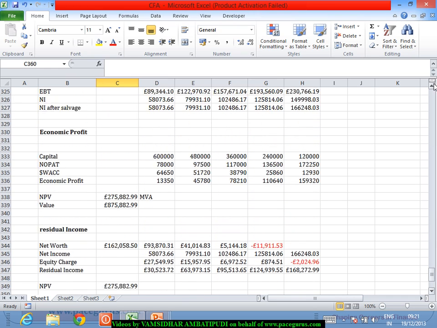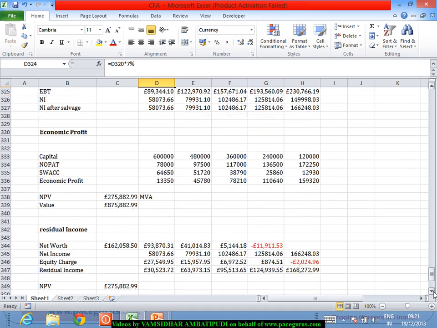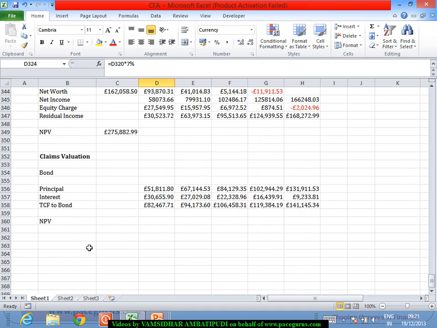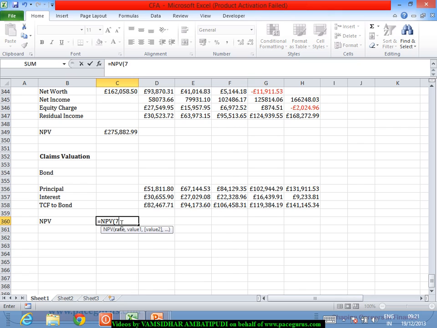That's 7% itself, yeah. So whatever I am trying to do, I will find the NPV using the 7%, which is the cost of debt, and I look at these cash flows. So the NPV of the debt is coming out to 437,941.